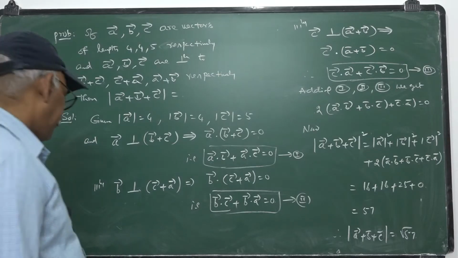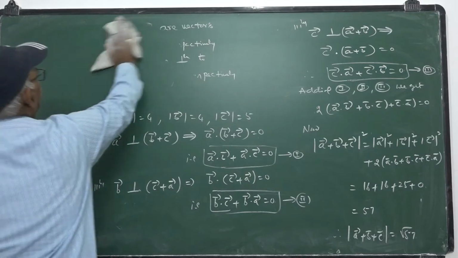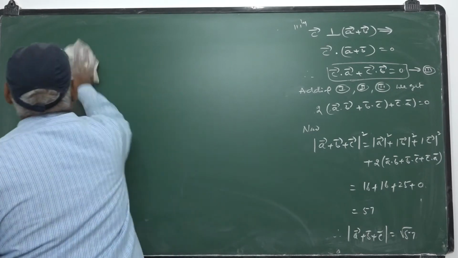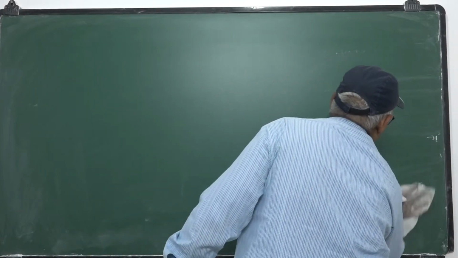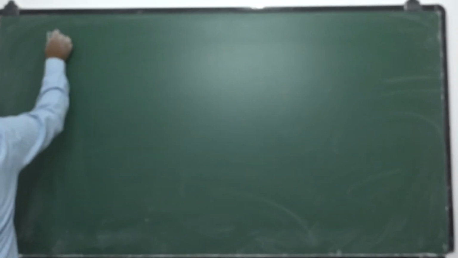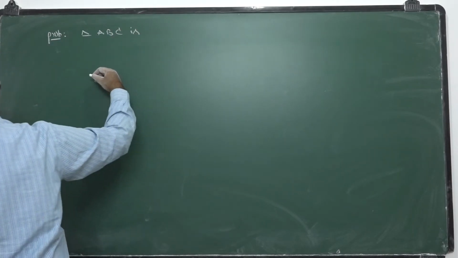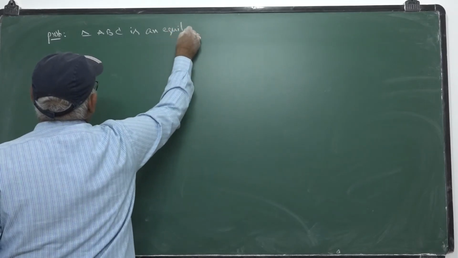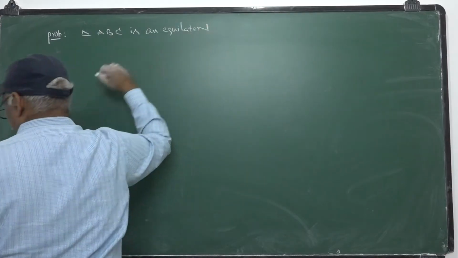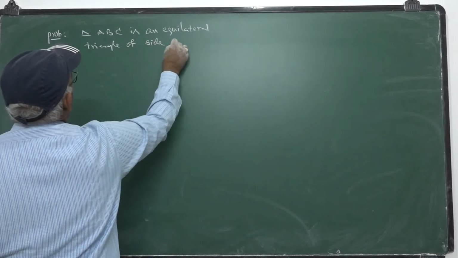Next one. Next problem. Triangle ABC is an equilateral triangle of side A, small a.